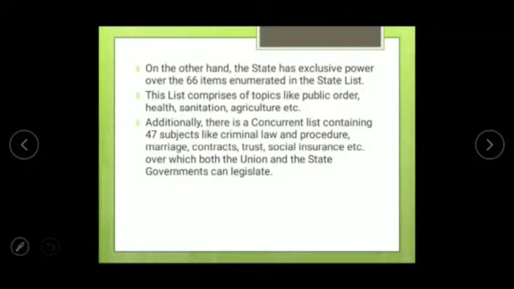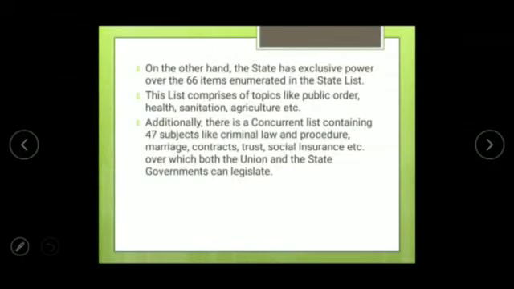Moving on to the State List, it gives exclusive legislative power to the states. Just as the Union List gives the power to the Parliament to legislate on its items, the State List gives the state exclusive power over the 66 items. Now, what are these?